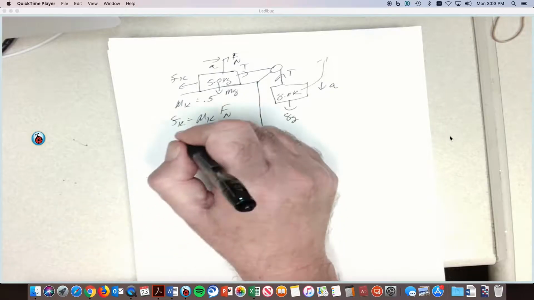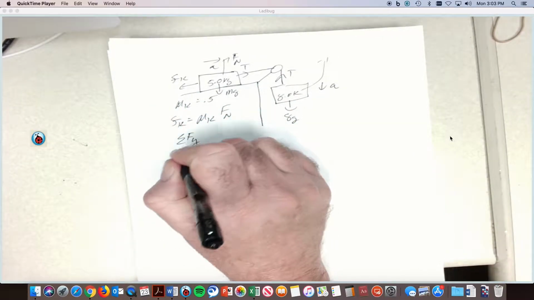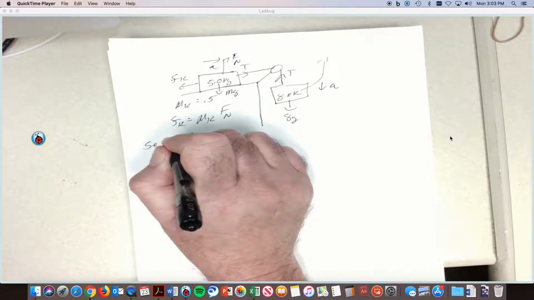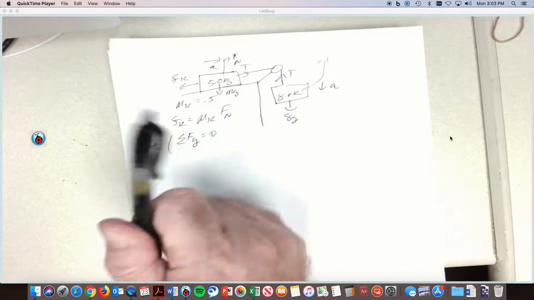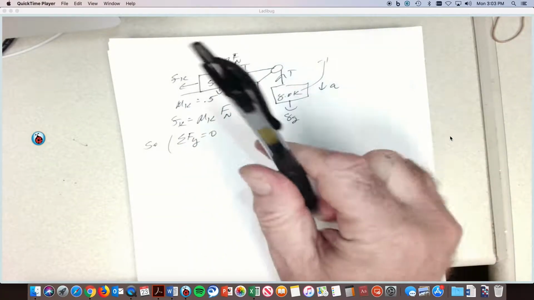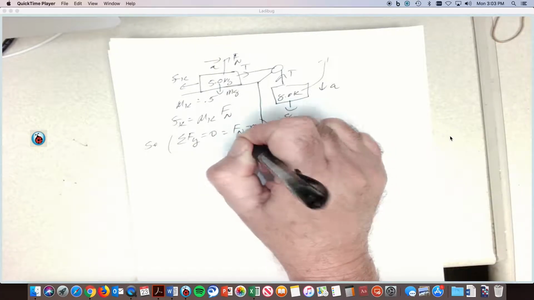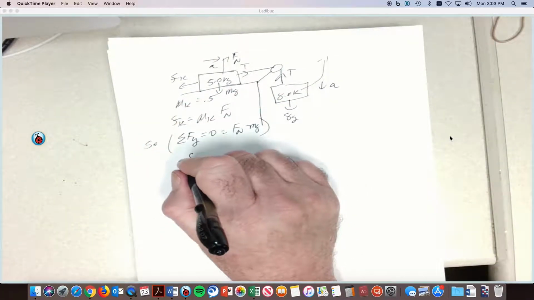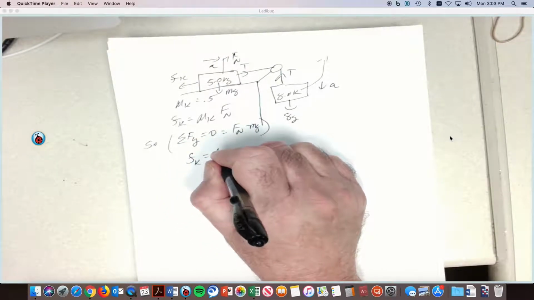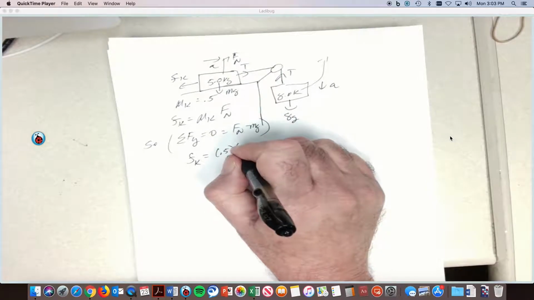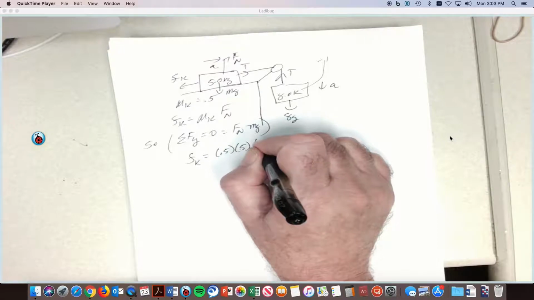and that the sum of forces in the y direction on the 5 kilogram block, so we're just looking at the 5 kilogram block, the y direction is equal to 0 because it is not crashing through the table, it's not flying up in the air, and that would be Fn minus mg. So therefore, the kinetic frictional force is equal to mu of k, which is 0.5, times 5, times g.